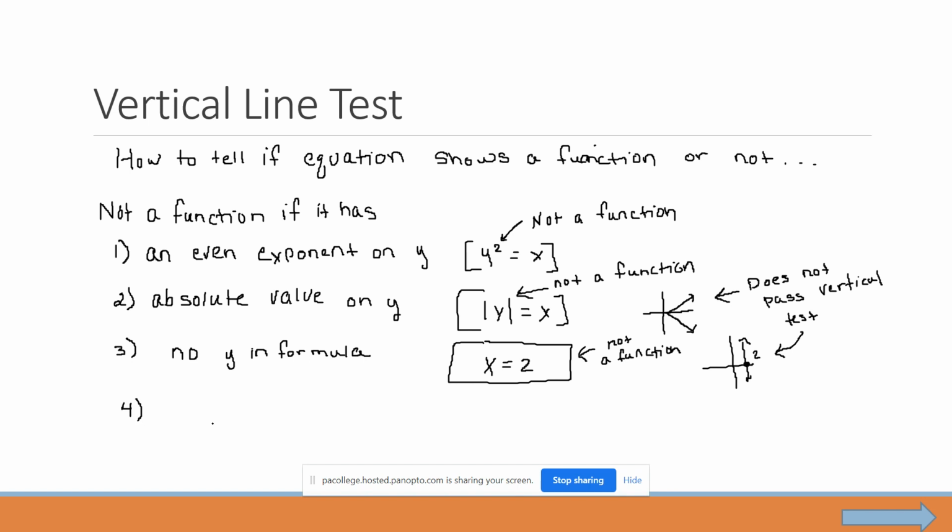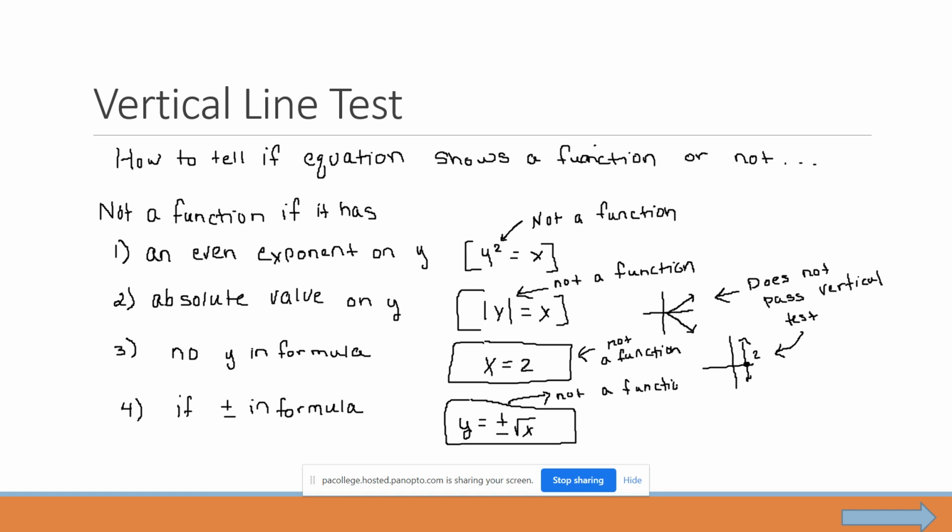And the fourth or final one, and in some ways this one's the trickiest and the most obvious at the same time, is if there's a plus minus in the formula. When we were looking at the mappings, we had an example y equals plus or minus square root of x. That plus or minus is our key indicator, not a function.